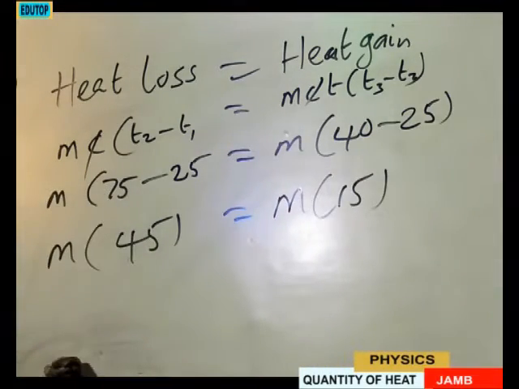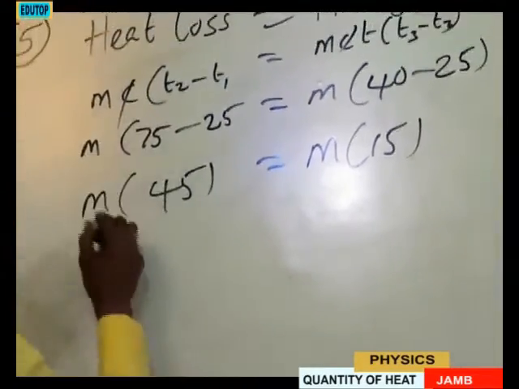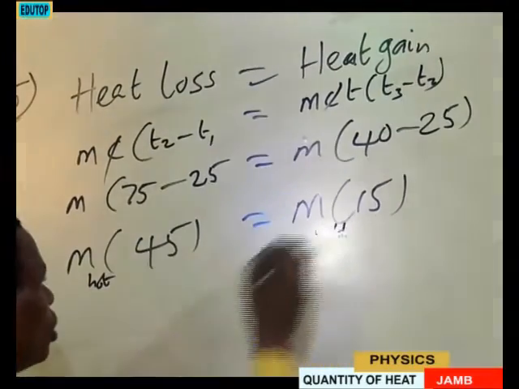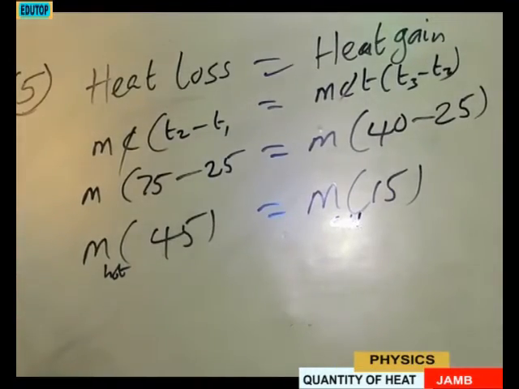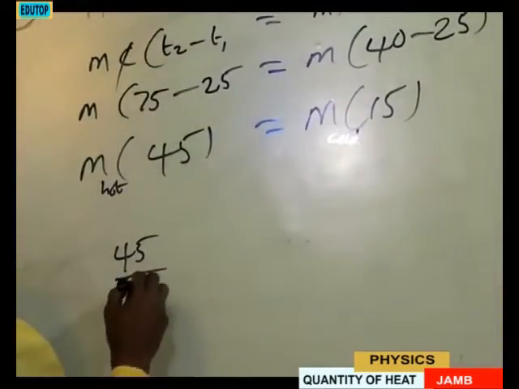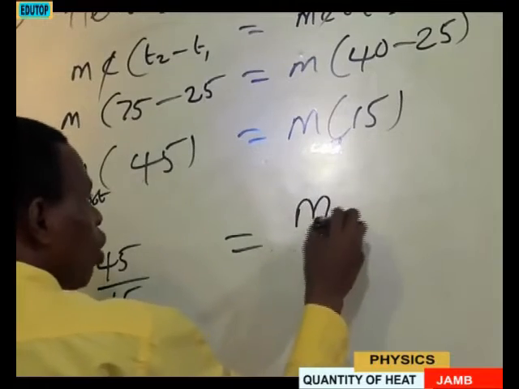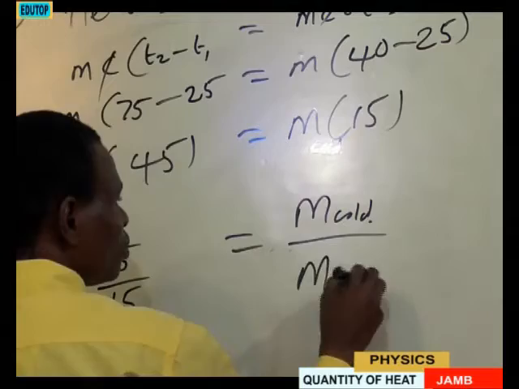The ratio of their mass will be equal to, this is the one that is losing heat, which is the hot, and this is cold. We want to find the ratio of the mass of cold to hot. So we are going to have 45 over 15, this divided by this, which will be equal to mass of cold over mass of hot.